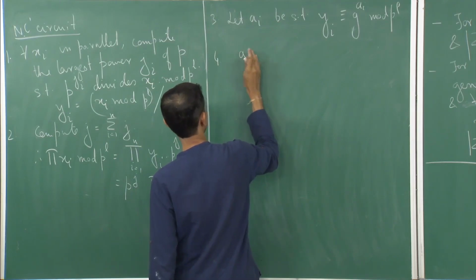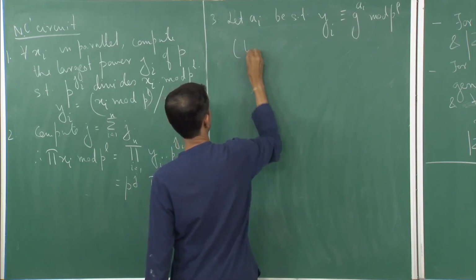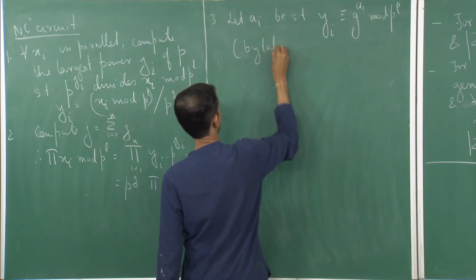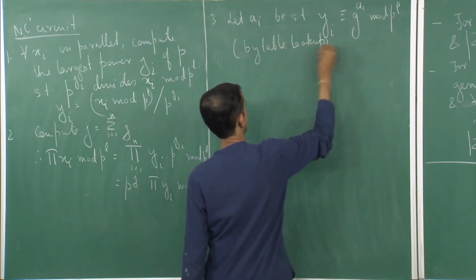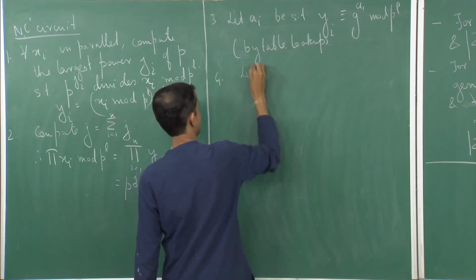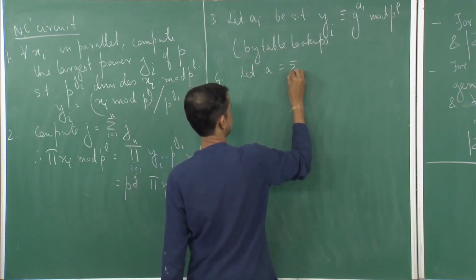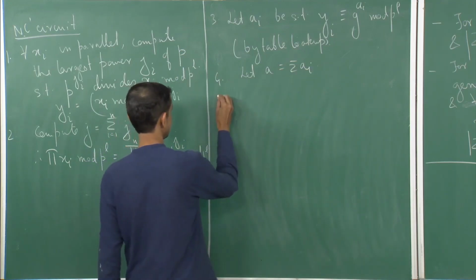So let me just write this over here. By table lookup. Next, let A be the sum of all the ai's.